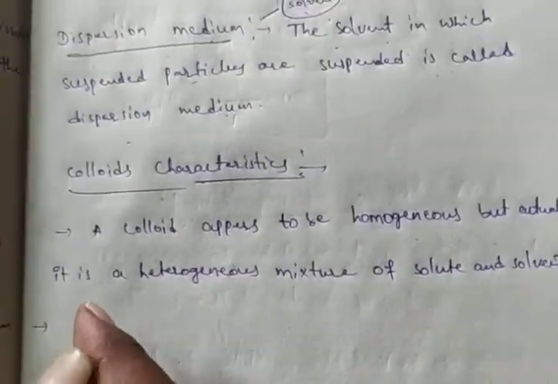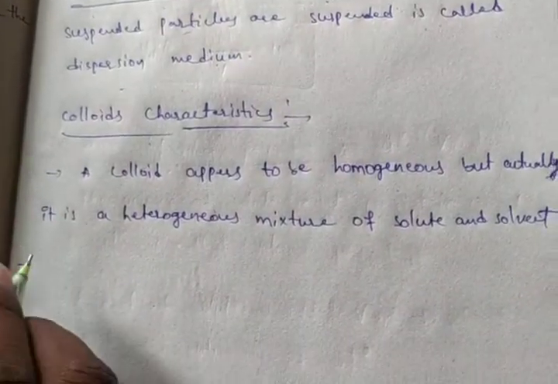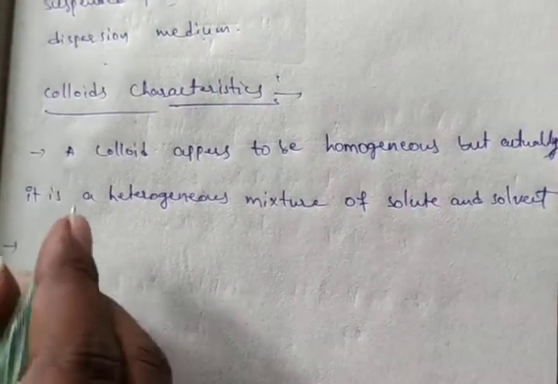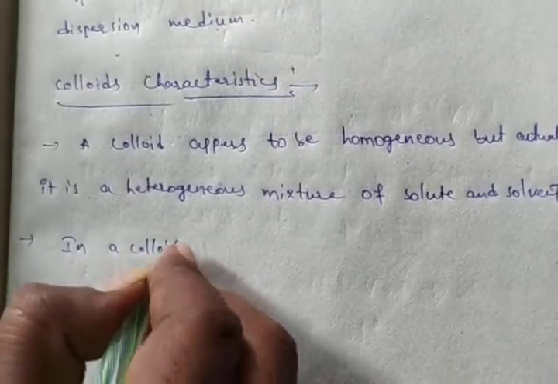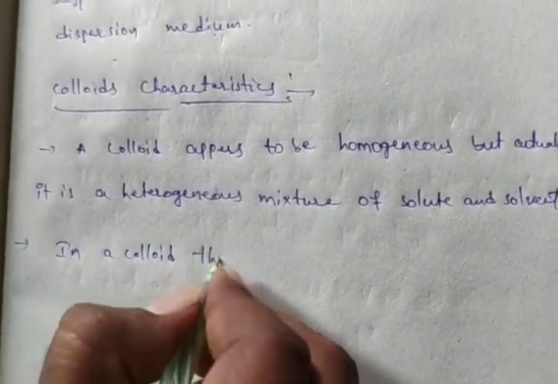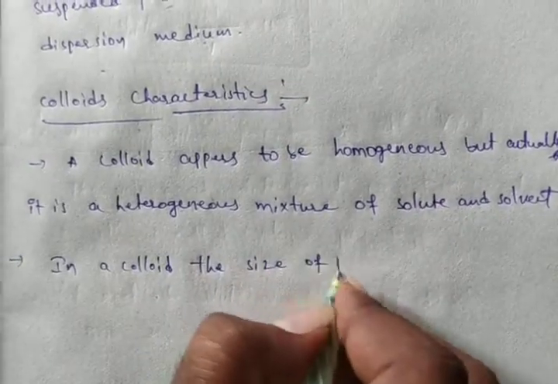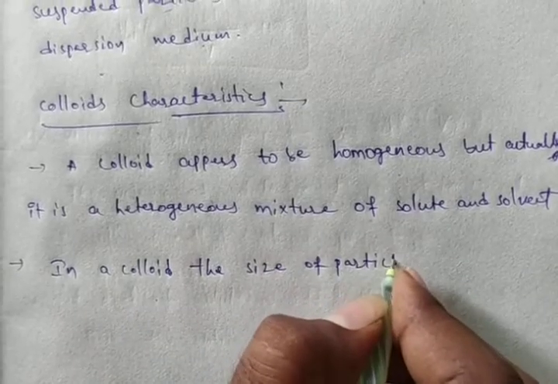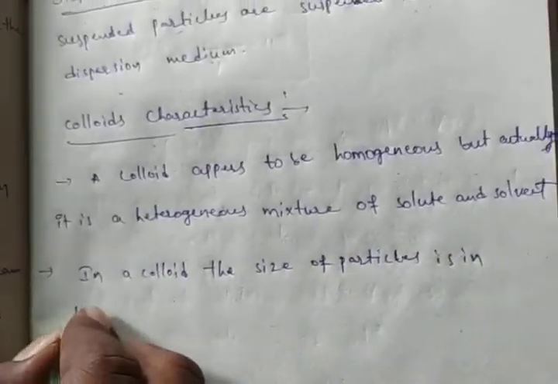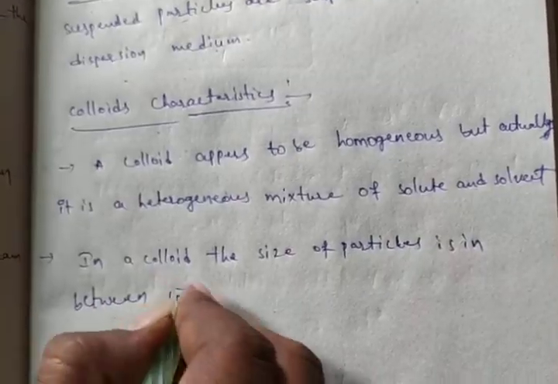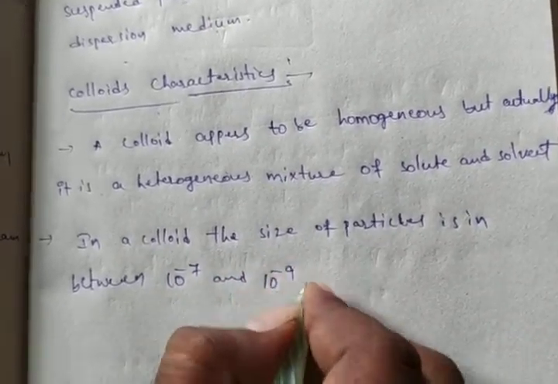And next, in a colloid, the size of particles is between 10 to the power of minus 7 and 10 to the power of minus 9 m.